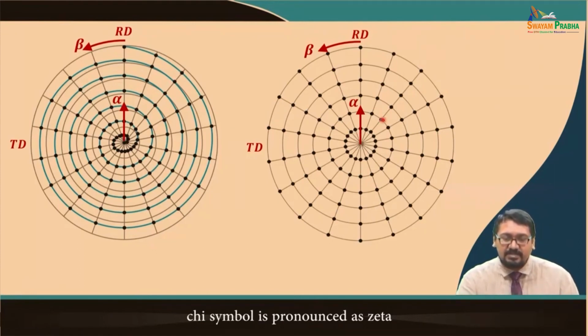In this way the earlier spiral is nowadays not done; it is done in terms of circles, keeping alpha fixed and beta moving, and in this way the whole pole figure is measured nowadays.